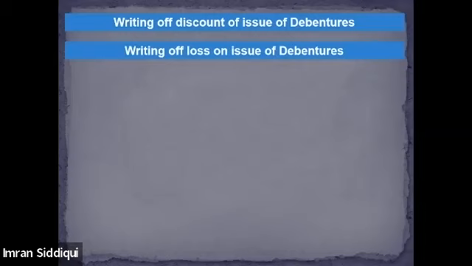So the answer is, first of all, we'll ensure whether we have any security premium reserve available. And I'm sure you must remember, when we used to issue shares at premium, we transferred the premium amount to the security premium reserve account. Do you remember that?